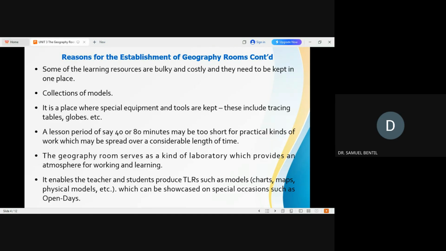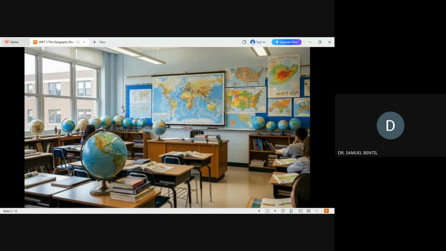For example, let me go back. You could see globes, textbooks, various maps and the screen print desks. In some areas you could see projectors, overhead projectors at certain portions and others. These are all collections of specimens and illustrations that are supposed to be kept in a proper way in a geography room, to give you the taste and the beauty of all these things.